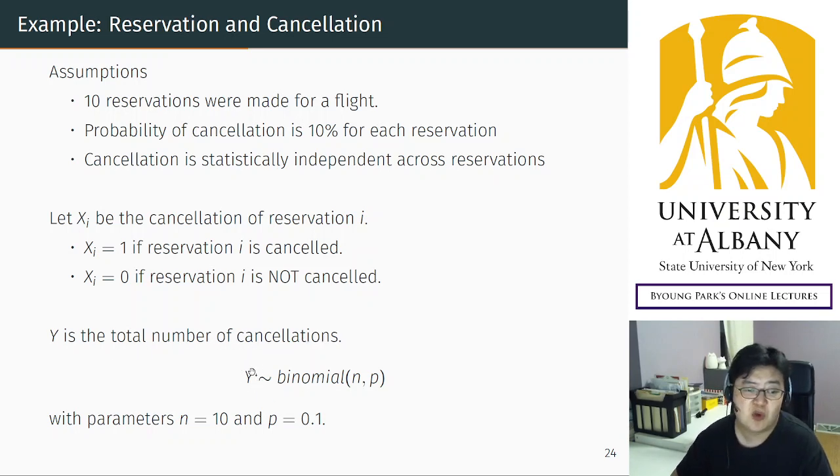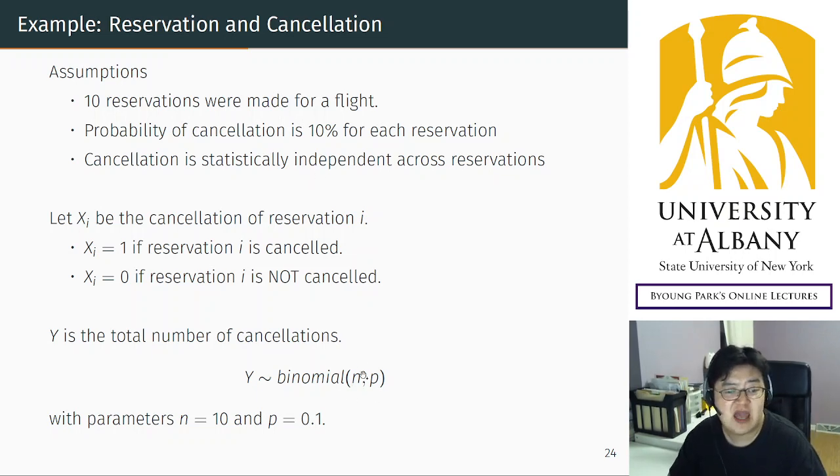Then we say Y, the random variable Y, follows a binomial distribution with parameters n, comma p. In this example, the parameter values are given. n is the number of repeated experiments. In this case, the experiment is to check if a reservation is canceled or not.